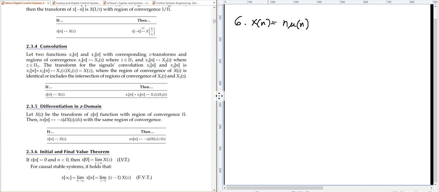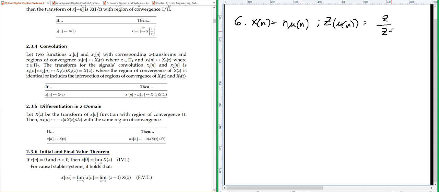So we have here differentiation in the z domain. For example, you have an x[n] which is n u[n]. We all know from our previous examples that the z transform of u[n] is equal to z over z minus 1.